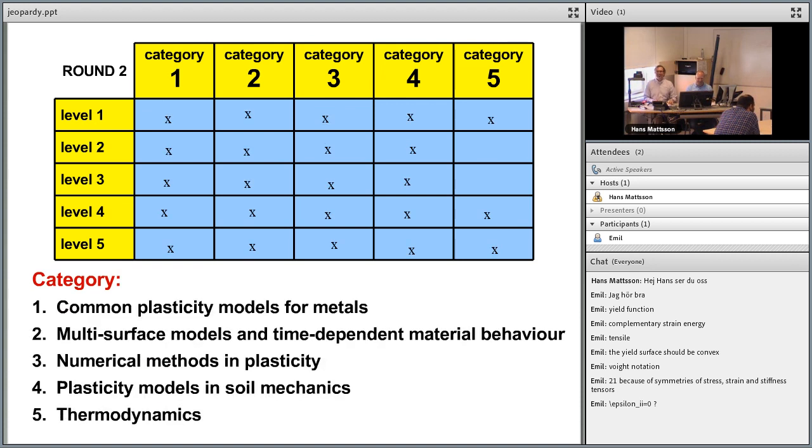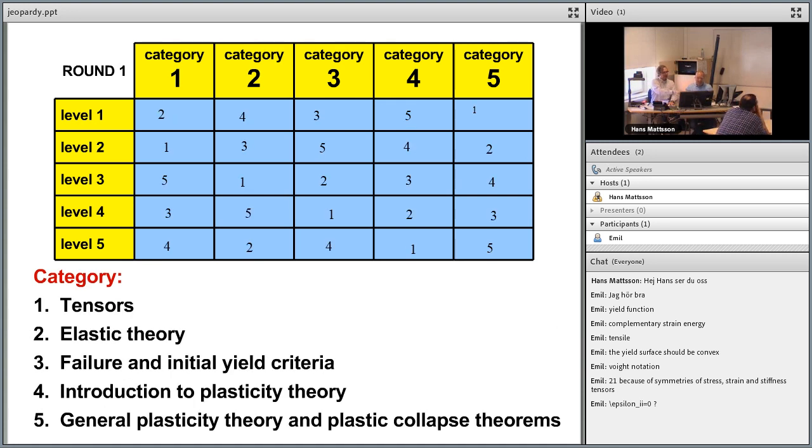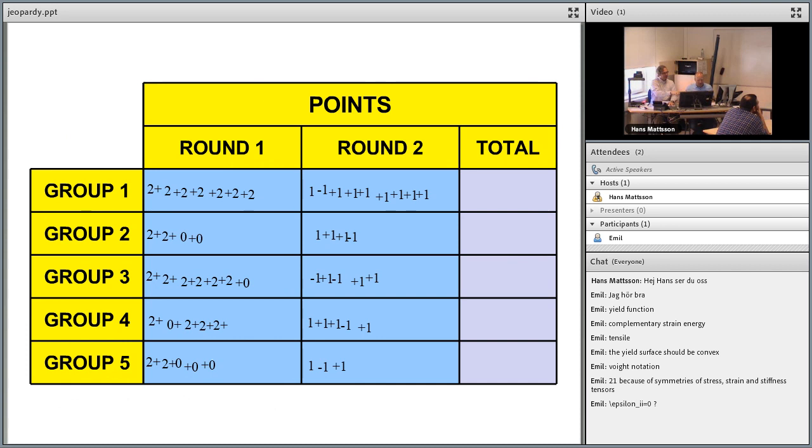Okay, group 3, choose the category. 2 questions left, and then we can look at the points, maybe. Yeah, maybe we can do that. 14. 21 for group 1, I think. And we have 4 plus. Group 1 is in the lead. 8 points for group 2.